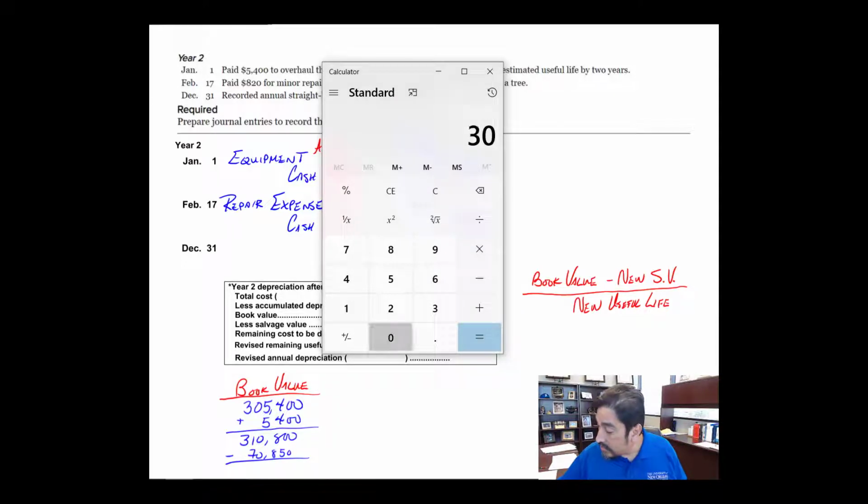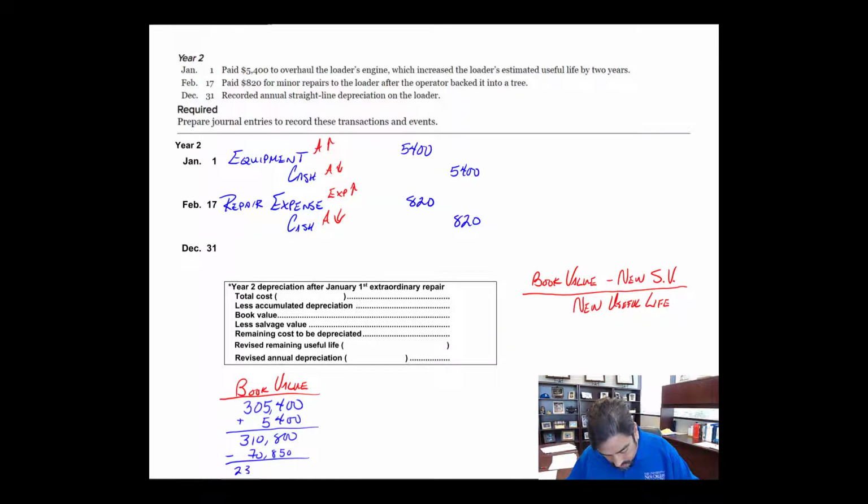So make sure I did this right. 305,400 plus 5,400 minus 78,850. 239,950 is our book value, minus the new salvage value.